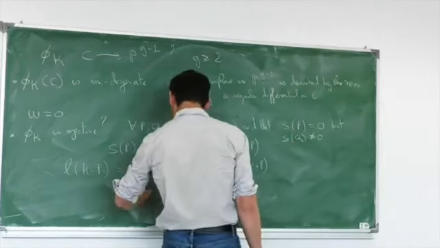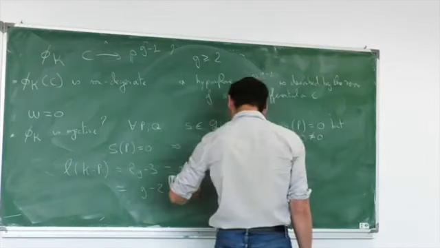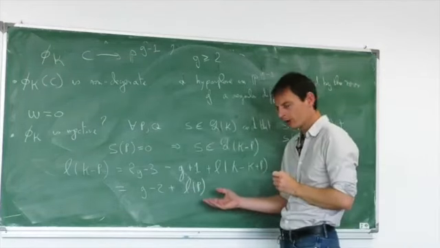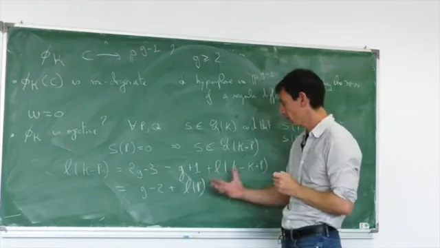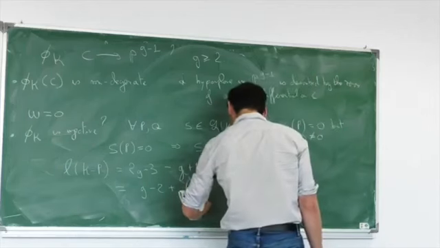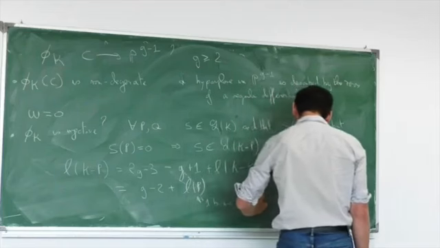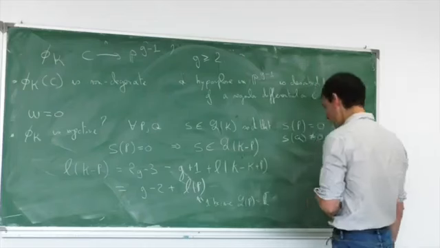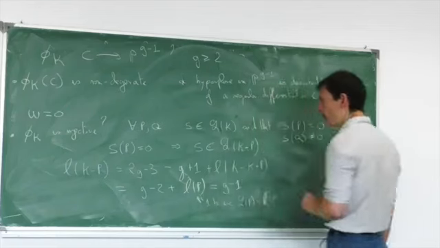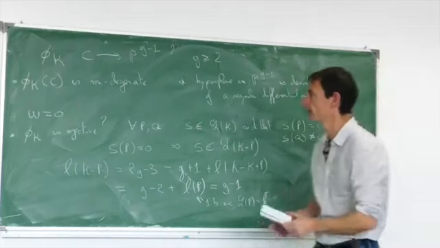It gives g minus 3 plus 1 minus 2 plus L of P. And L of a point: because we are not in genus 0, there are only the constants. So this is equal to 1, because L of P is equal to the constants. So this gives me g minus 1. Very good. So it's 1 less than the dimension of L of kappa.